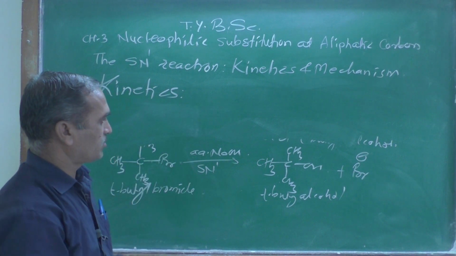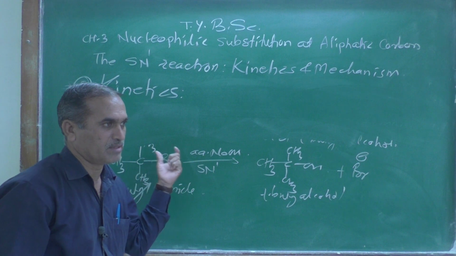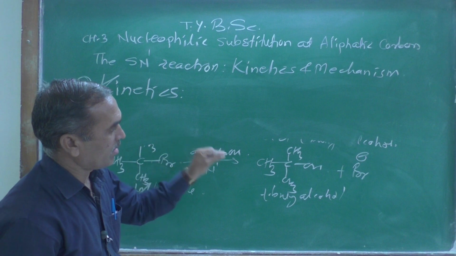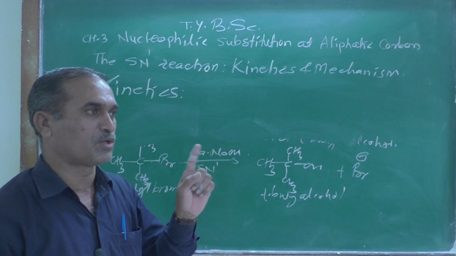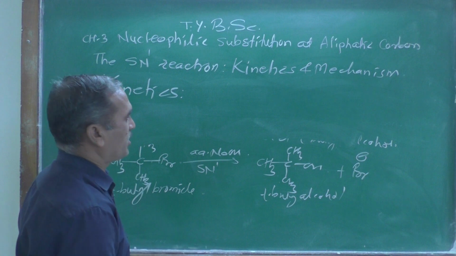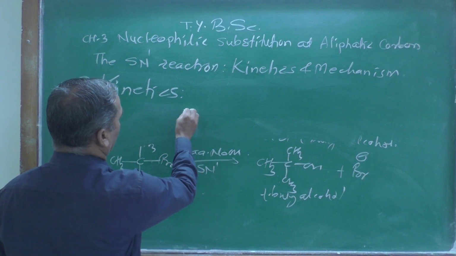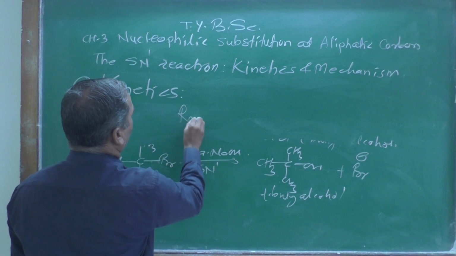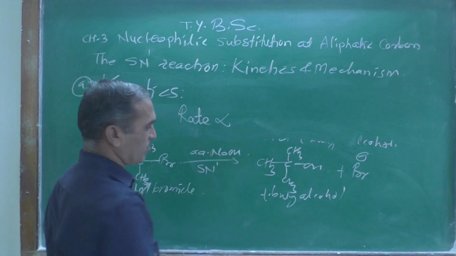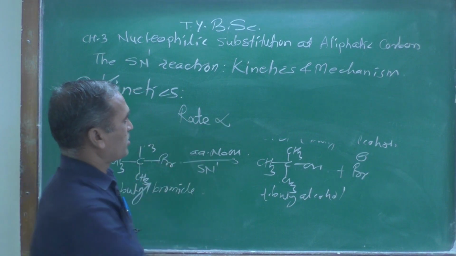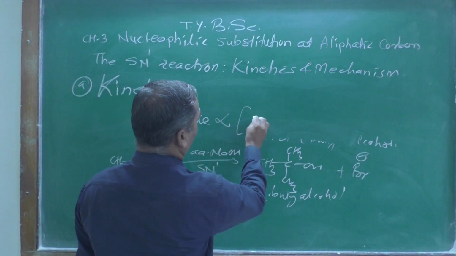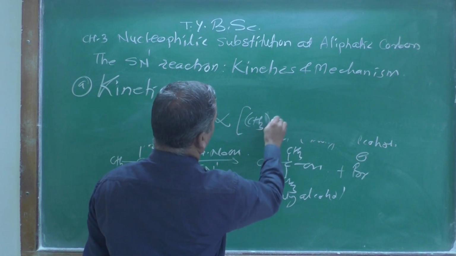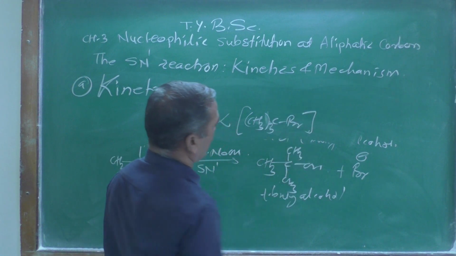The study of kinetics, which is an experimental study, showed that the rate of reaction is directly proportional to the concentration of the substrate only, that is tertiary butyl bromide, (CH3)3CBr, only.